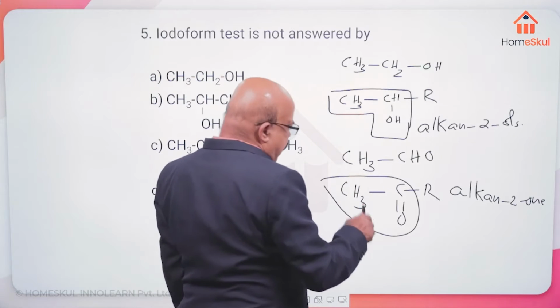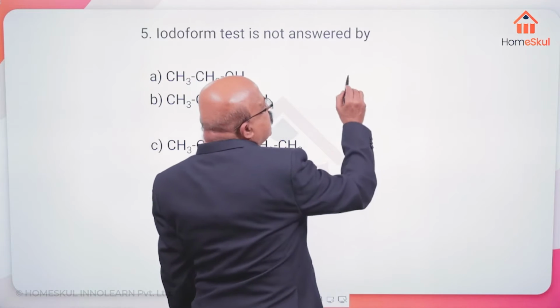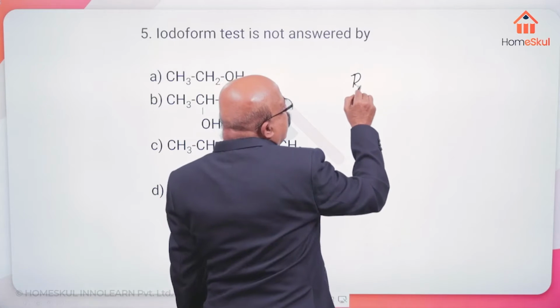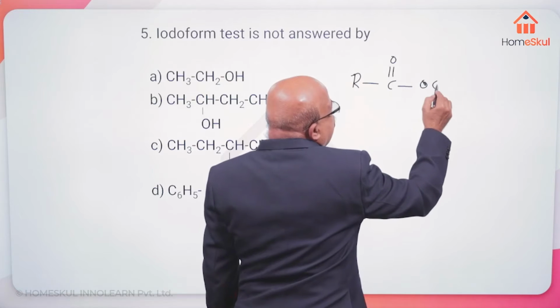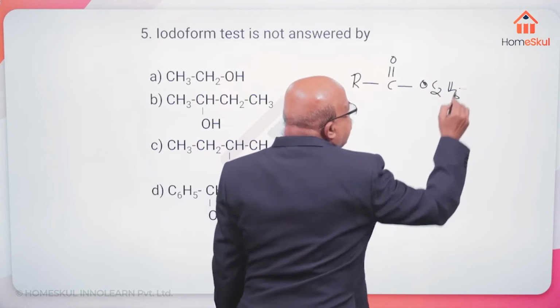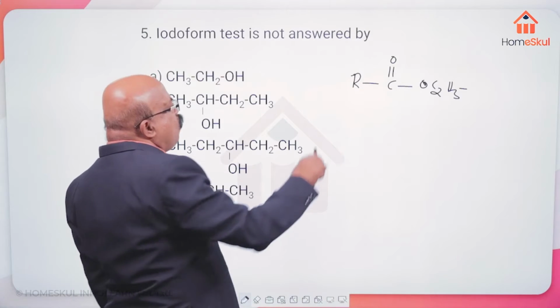And among esters, that is very important, only ethyl esters can give this reaction. Ethyl ester, that is also at high temperature. So these types of compounds can give the iodoform reaction.